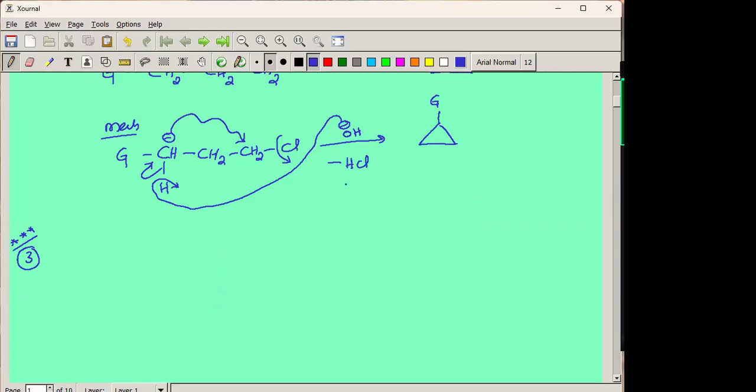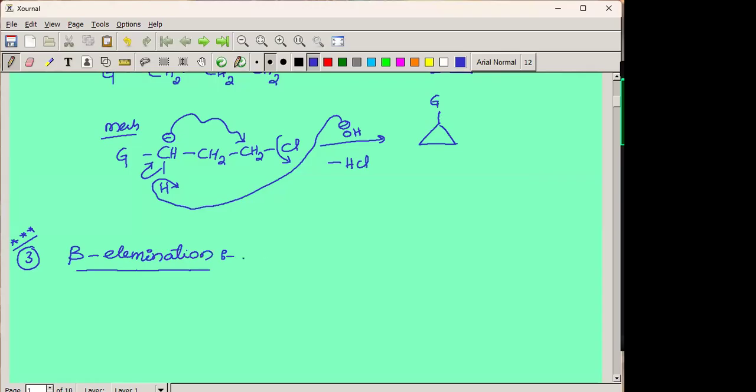So what is the beta elimination and now the classification of beta elimination? So this is important. Beta elimination. So here what happened in case of beta elimination?